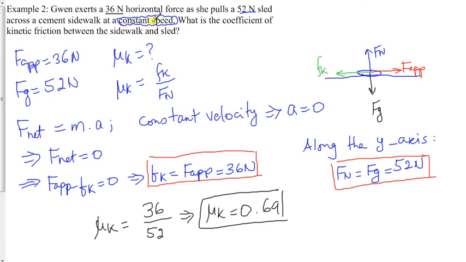If you couldn't notice that constant speed gives me zero acceleration, then we would have a problem here with a. What can we do with a? We'll have more than two unknowns. But since they mentioned constant speed, constant velocity, then I can replace a by 0.